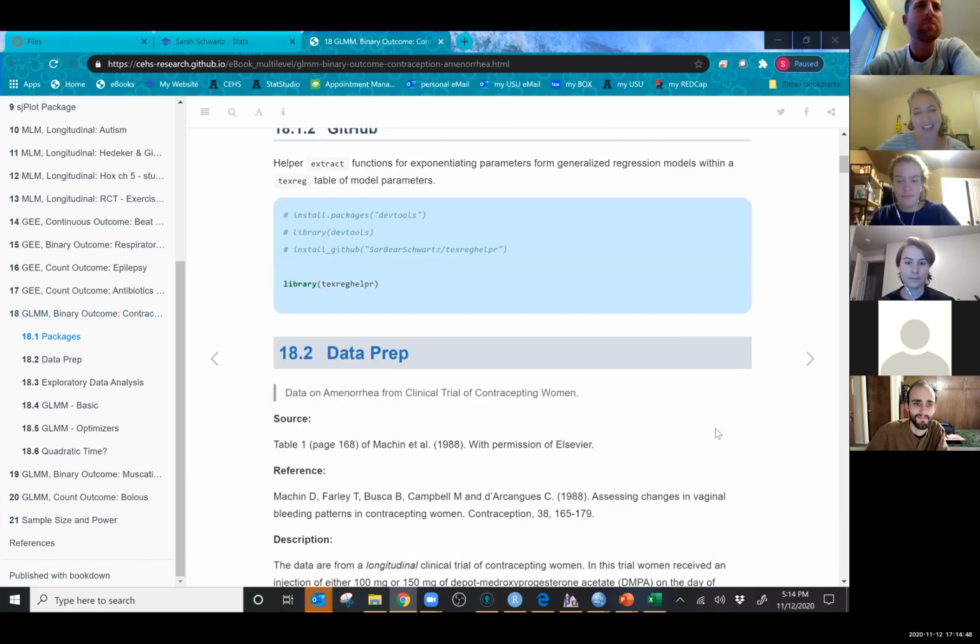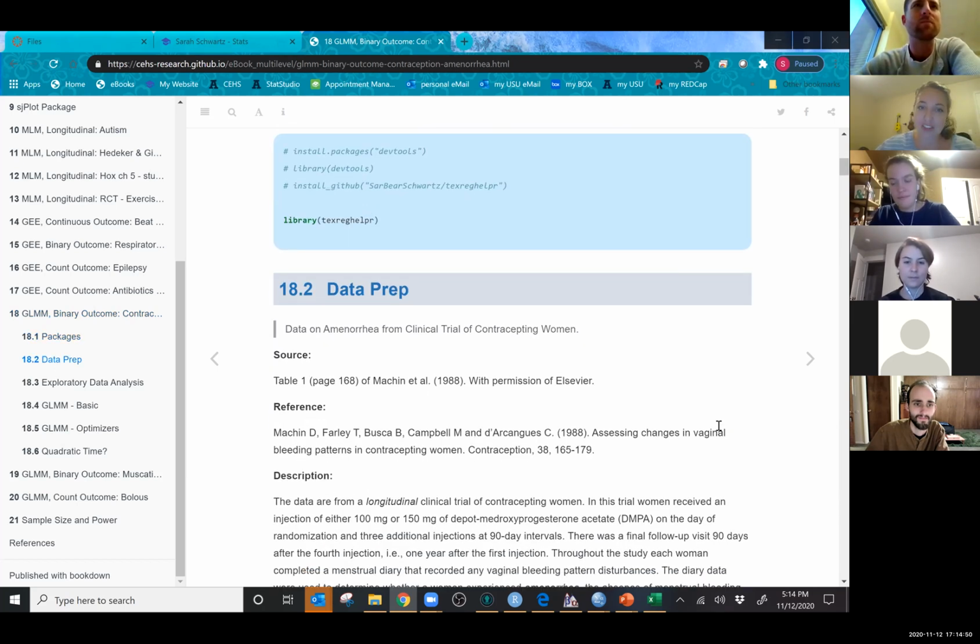This is one of the traditionally used data sets to do GLMMs, generalized linear mixed effects models, the first time. So we have to have an outcome that has two levels, yes, no. So this is data on amenorrhea from a clinical trial on contraceptives for women.